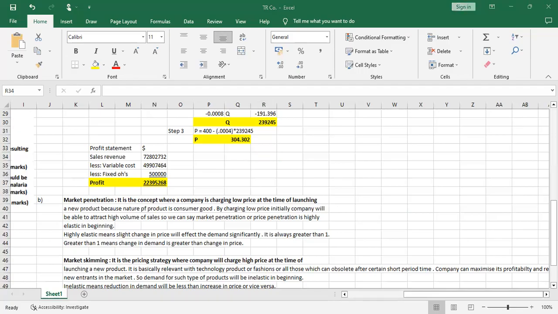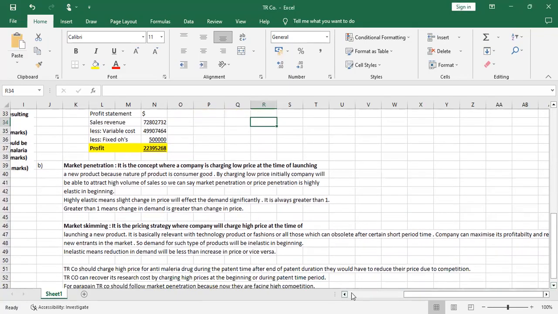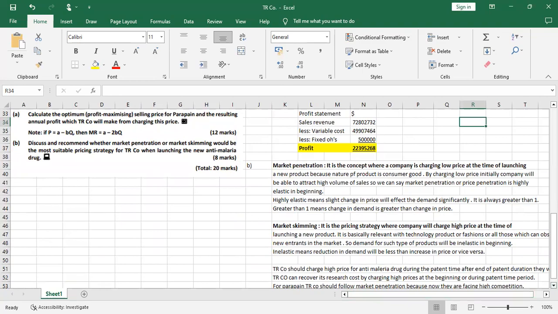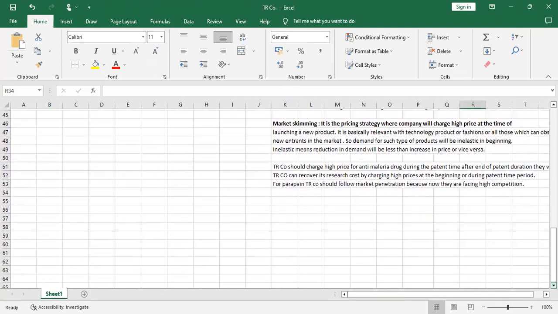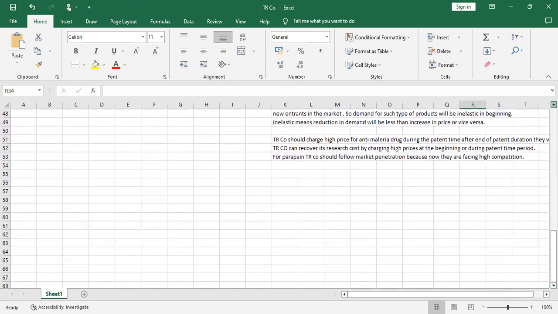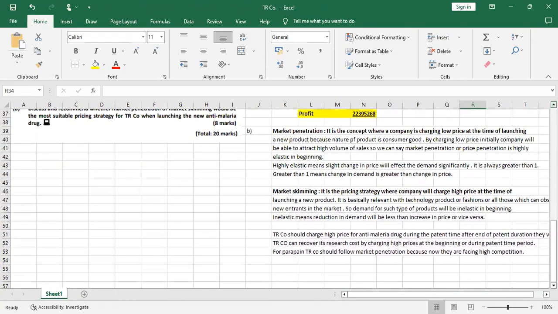So we are done with what? We are done with the market penetration, market pricing, use of learning curve. Apart from these two pricing strategies, we can use other pricing strategies as well. For example, you can suggest premium pricing. If the question asks what could be the other pricing strategies, you can suggest premium pricing.